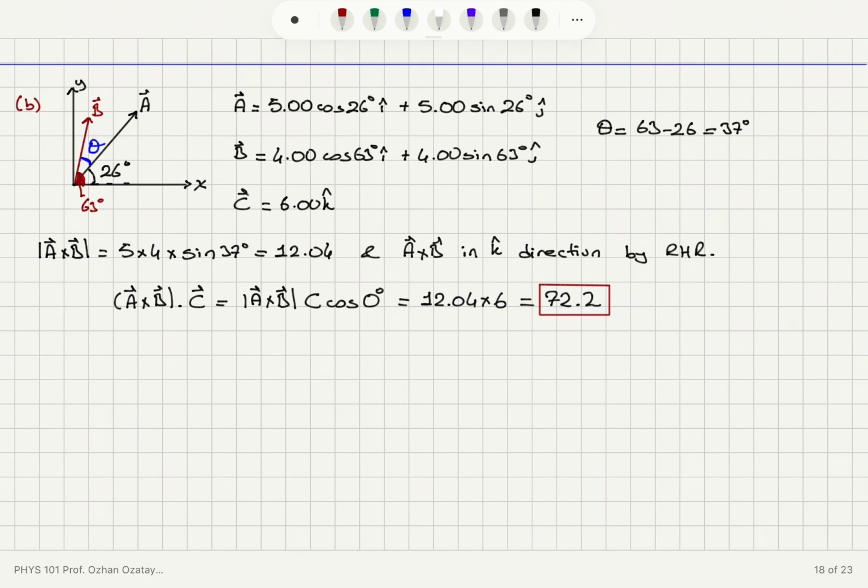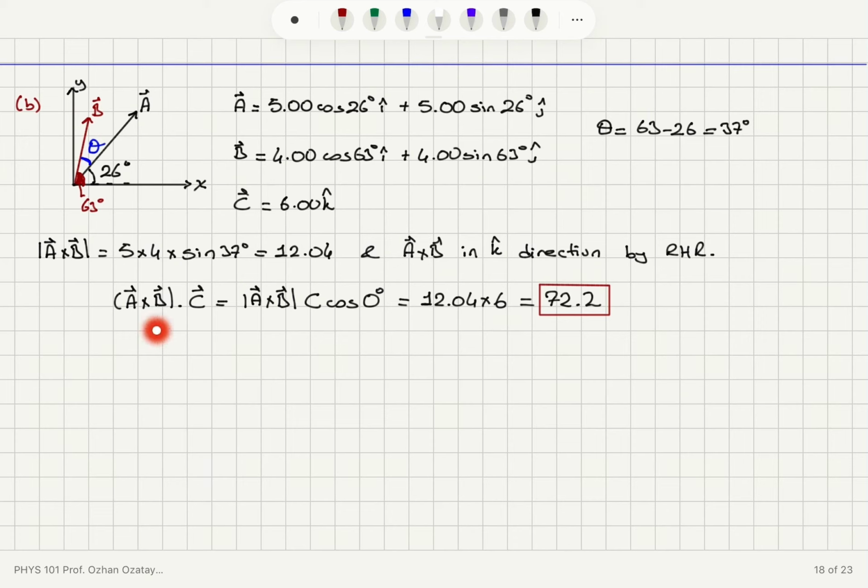And finally, in part B, we had two vectors in the xy plane, vector A with magnitude 5 and vector B with magnitude 4. We decomposed them into their components, and vector C is 6 in the k-hat direction. We find using the right-hand rule that A cross B is in the k-hat direction, so A cross B dot C is the magnitude of A cross B times the magnitude of vector C times cosine 0, because they are parallel.